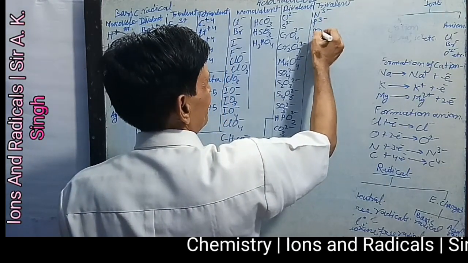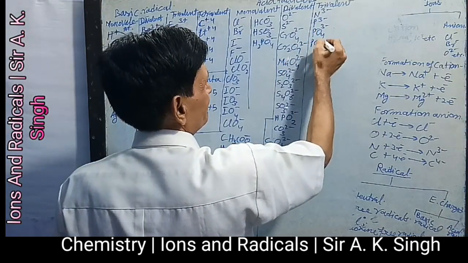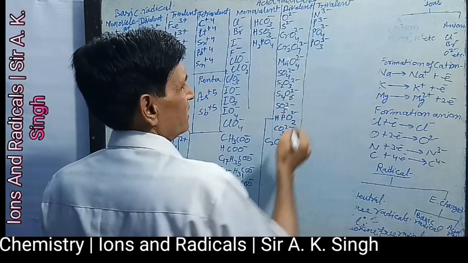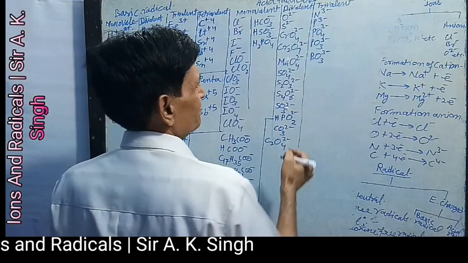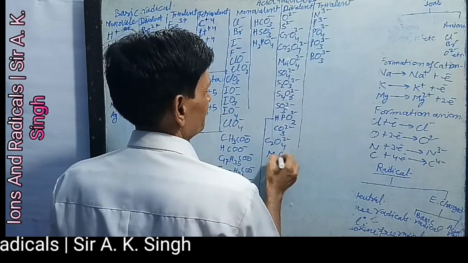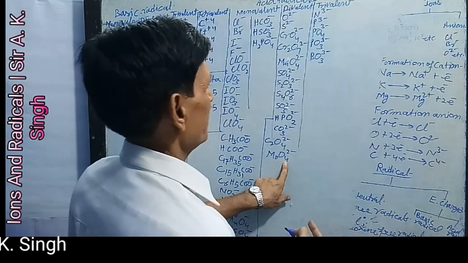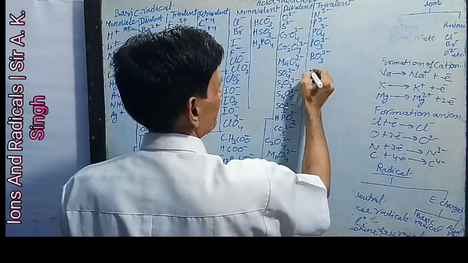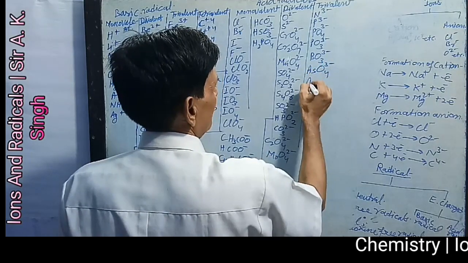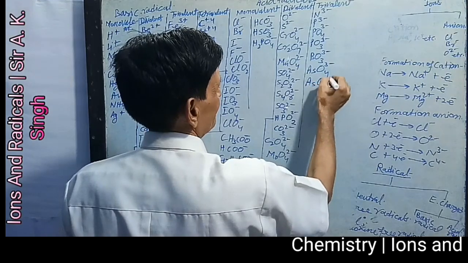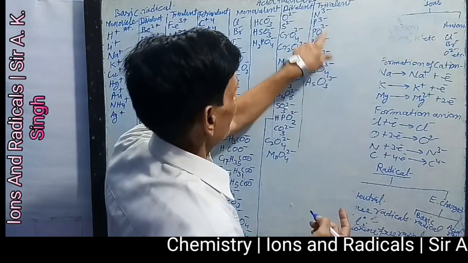And phosphate, trivalent, phosphite, trivalent, borate. Molybdate has 2 minus. Here borate, arsenate, arsenite, like that. See, they are trivalent anions.